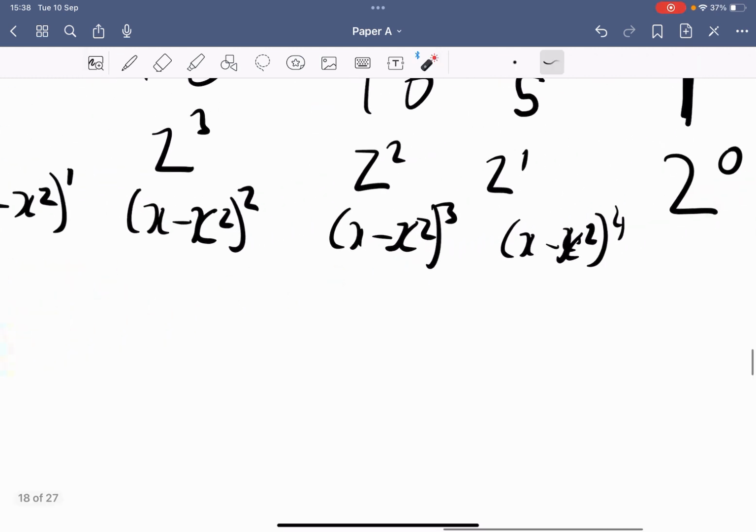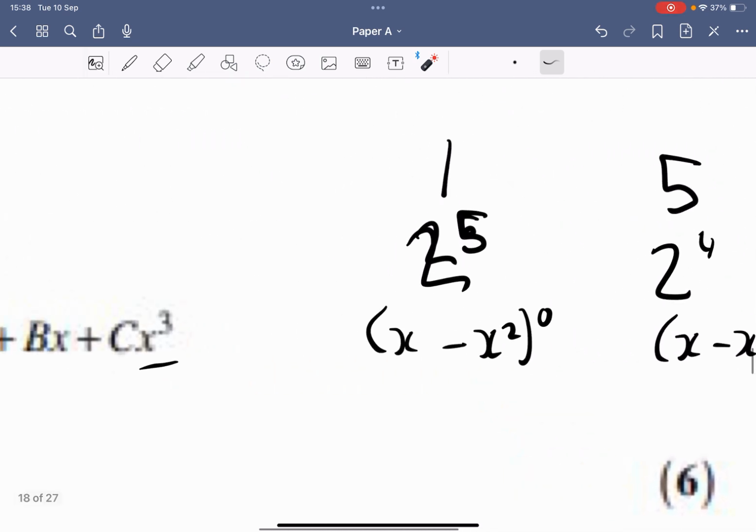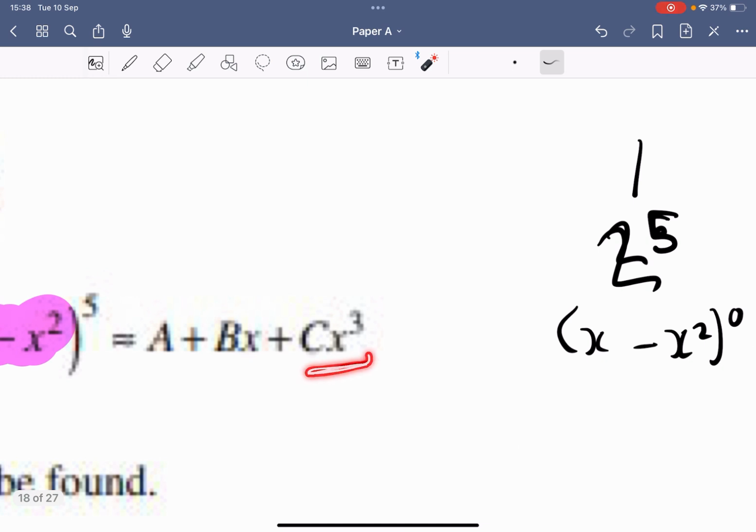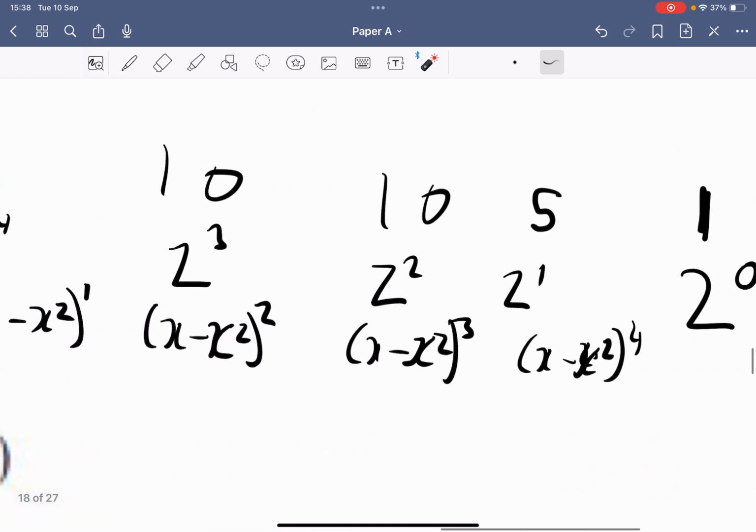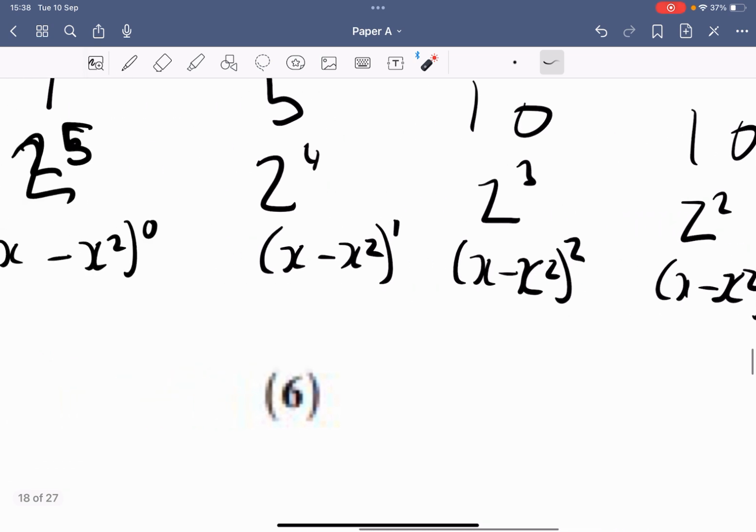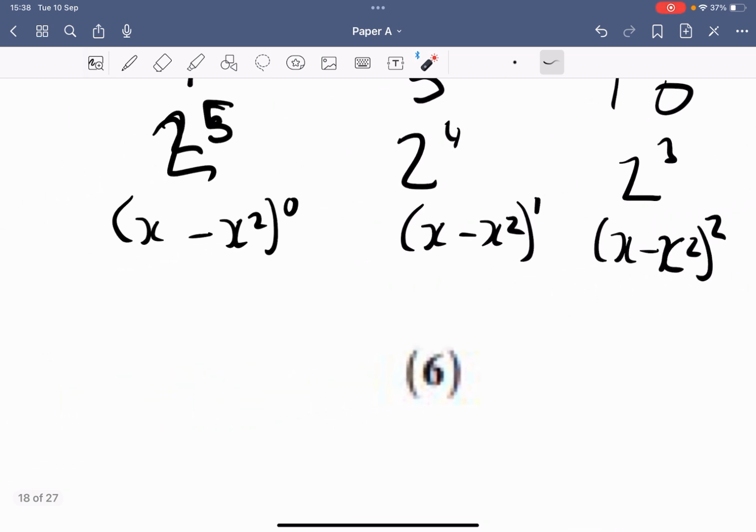Now hold on, at this point what you need to realize is they've stopped at x cubed, right? So in each of these terms, we get a power equal to or below x cubed. So for the first term, we get no power because it's the power of 0.